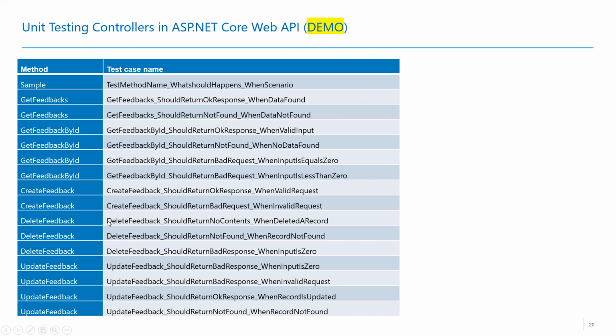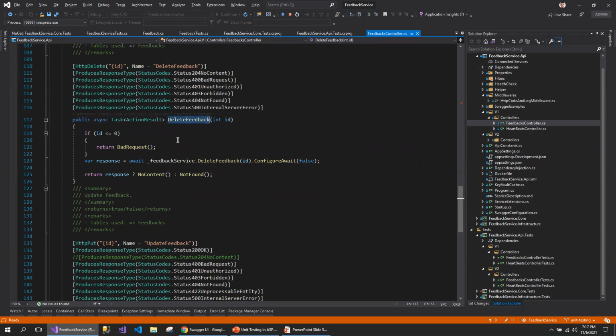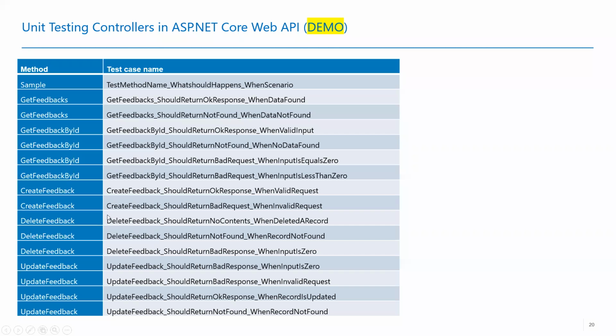Now let's look at the delete feedback. I have to go to the code. I have the bad request, no content, and not found. So three scenarios.